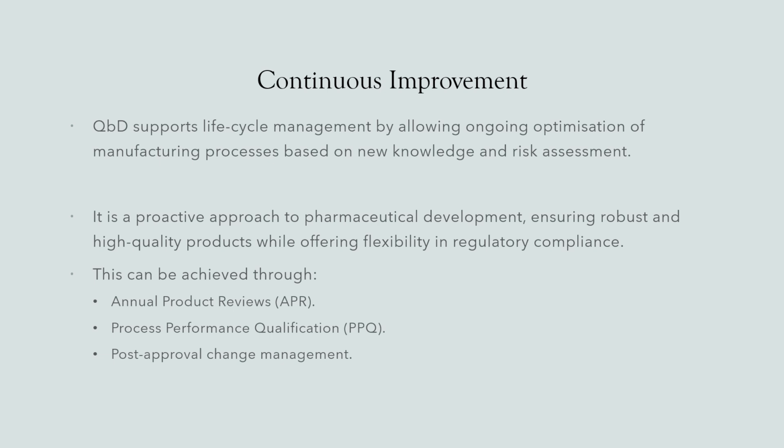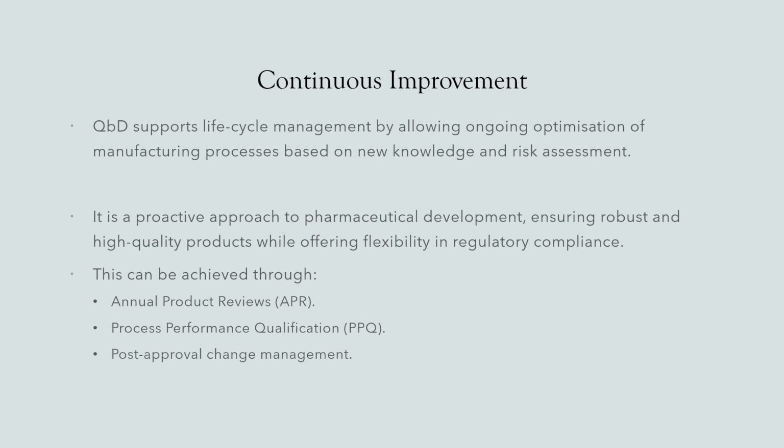You can use predictive strategies to justify your design space, to expand your design space, and to produce, if you like, more controls on your design space. The data that you collect will be through your process performance studies, verification studies and qualification studies, through your annual product reviews, which is a pharmaceutical quality systems requirement, and through also looking at post-approval change management.